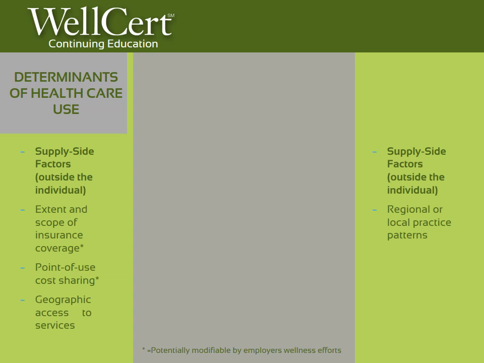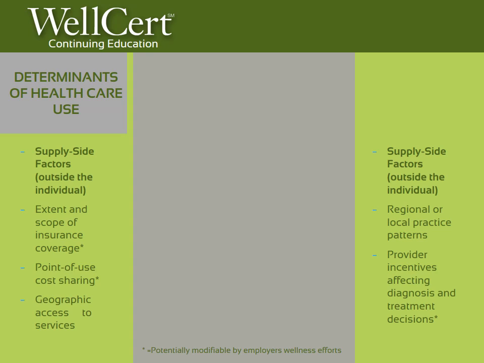So there's a lot of regional and local practice pattern differences, and you can either be in a very efficient area or a very inefficient area in terms of healthcare utilization and cost. In addition, there are a series of provider incentives that affect diagnosis and treatment decisions. An example would be a primary care doctor's office where he or she has purchased a new piece of diagnostic equipment to run what are called CBCs, complete blood counts.